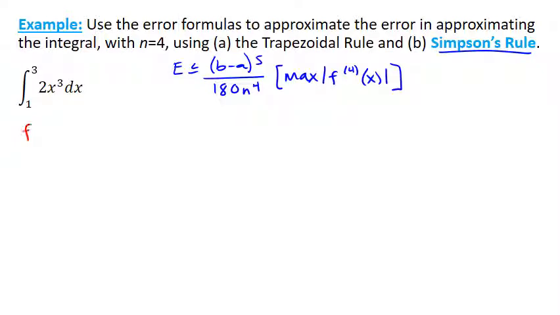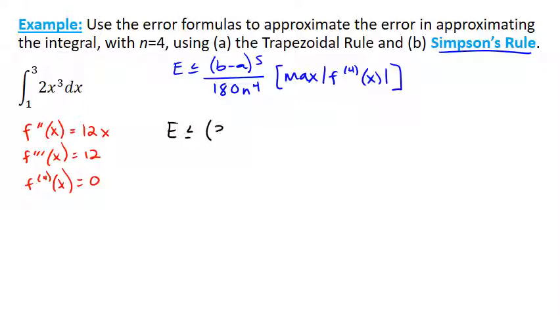In the previous example, we found that f double prime is 12x. So triple prime is 12, and the fourth derivative is simply 0. So plugging into the formula, we have (3 minus 1) to the power of 5 over 180 times 4 to the fourth times the maximum of the fourth derivative.